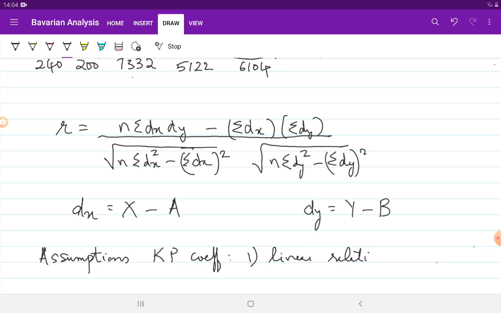So remember, that's why I said Karl Pearson's correlation coefficient measures the degree of linear association. It is also based on the assumption of normality of the two variables, that is, both the variables exhibit normal distribution properties.